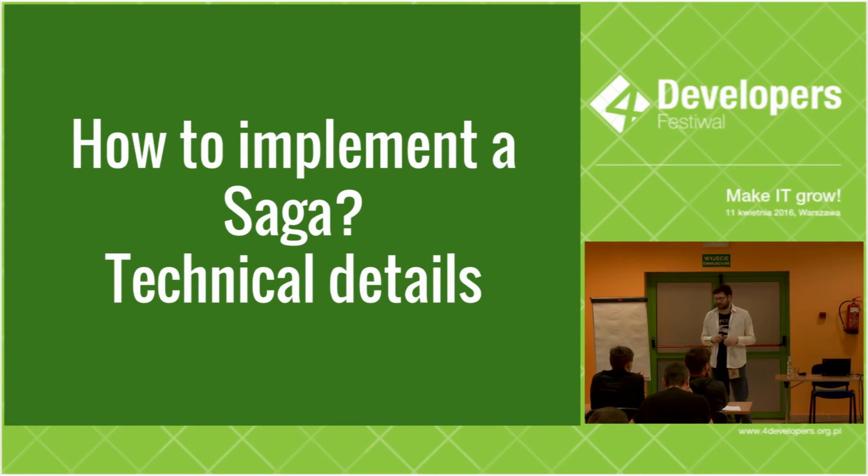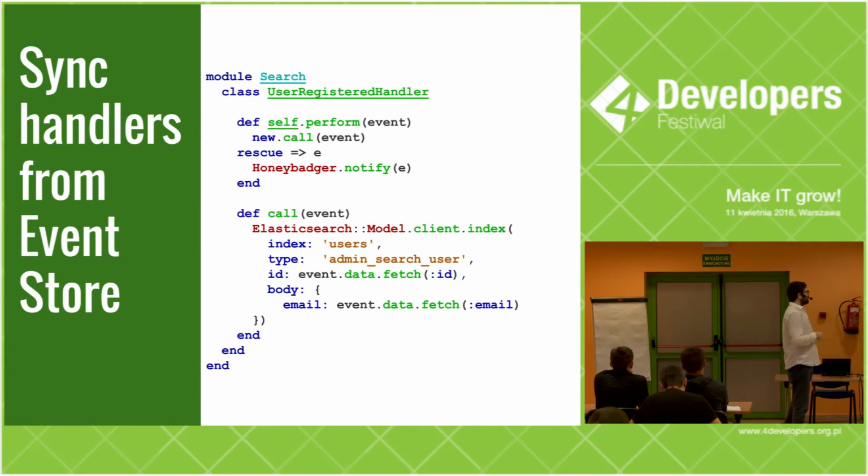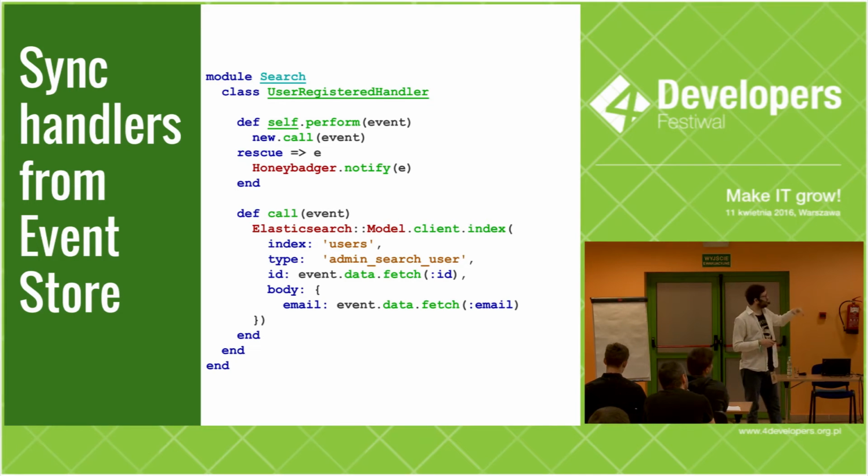So these are the examples of Saga and how we reach them, but how do you actually implement one? So we started first with the synchronous handlers that are triggered by our event store. The API is very similar to Rails because we wanted to handle the asynchronous and synchronous events in the same way. So you have this perform method, and it's taking an event, and usually in the perform method we initialize the handler with some kind of dependencies, and we call the method call.